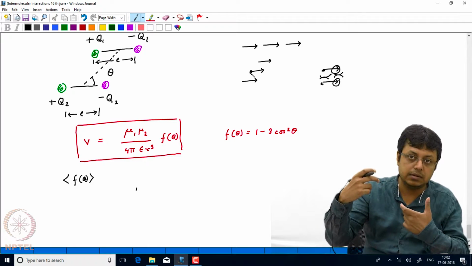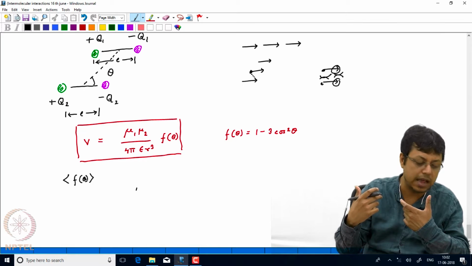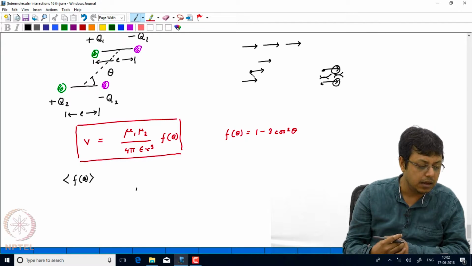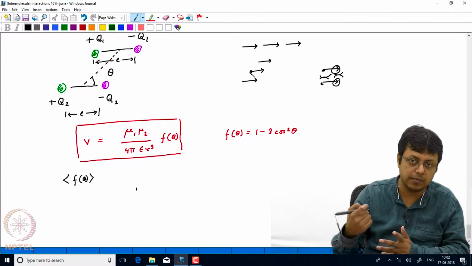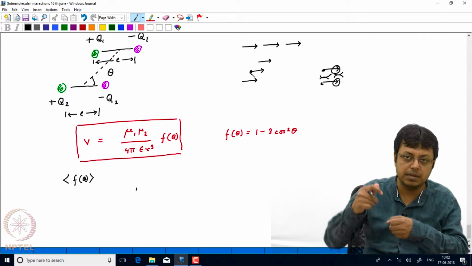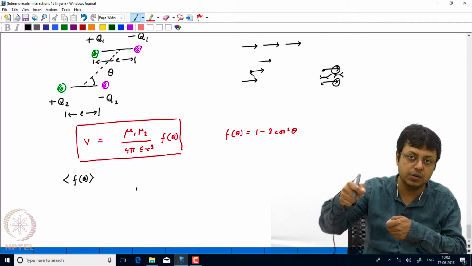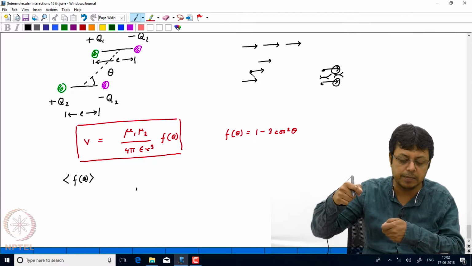Now, you can think that if I have all possible orientations of this angle theta, then instead of theta, we could have taken the angle to be phi, because theta can go from 0 to 2 pi angle, as you can see.